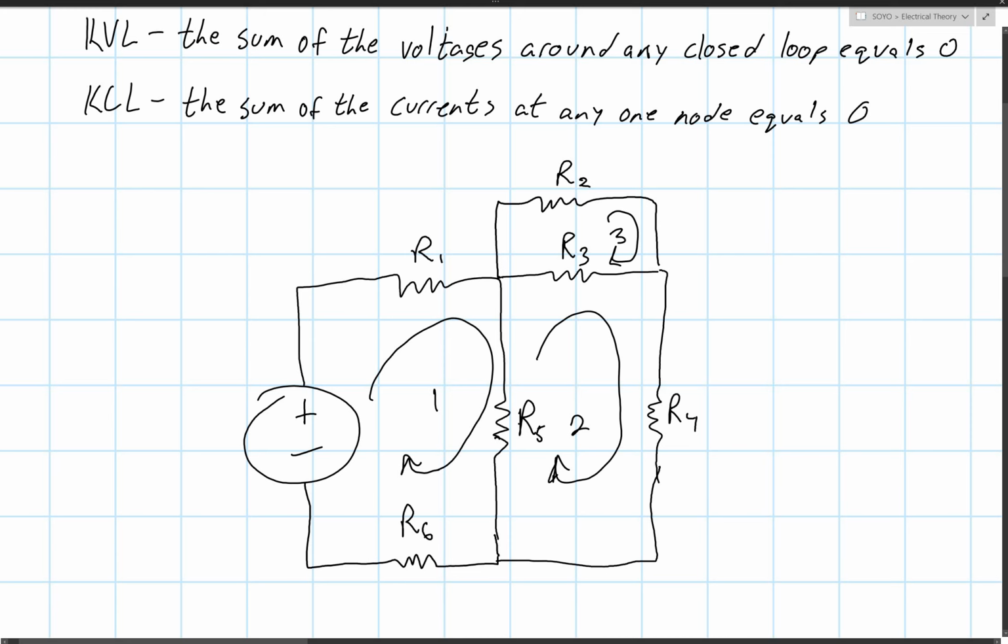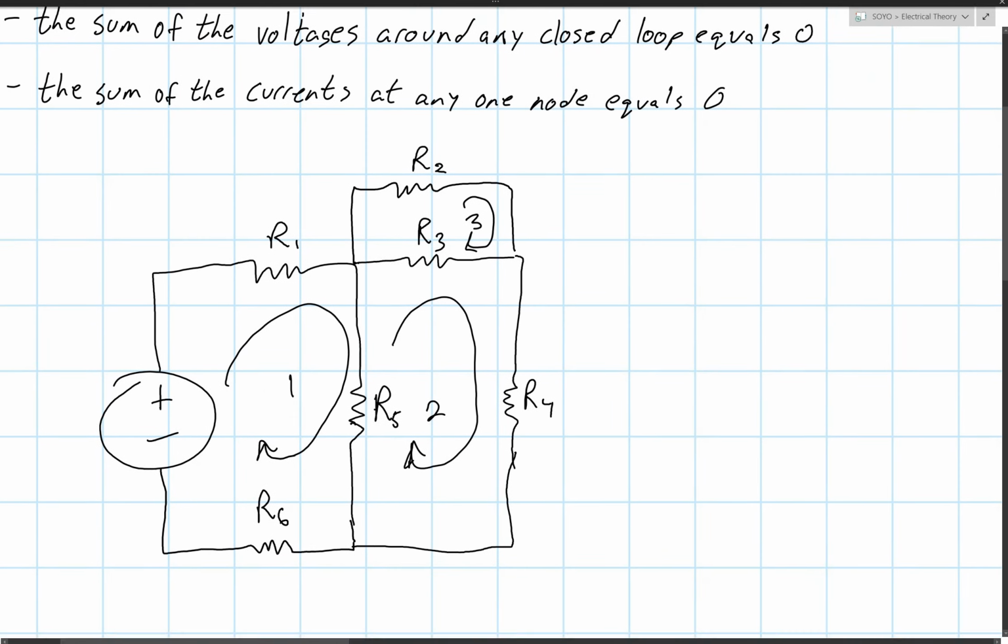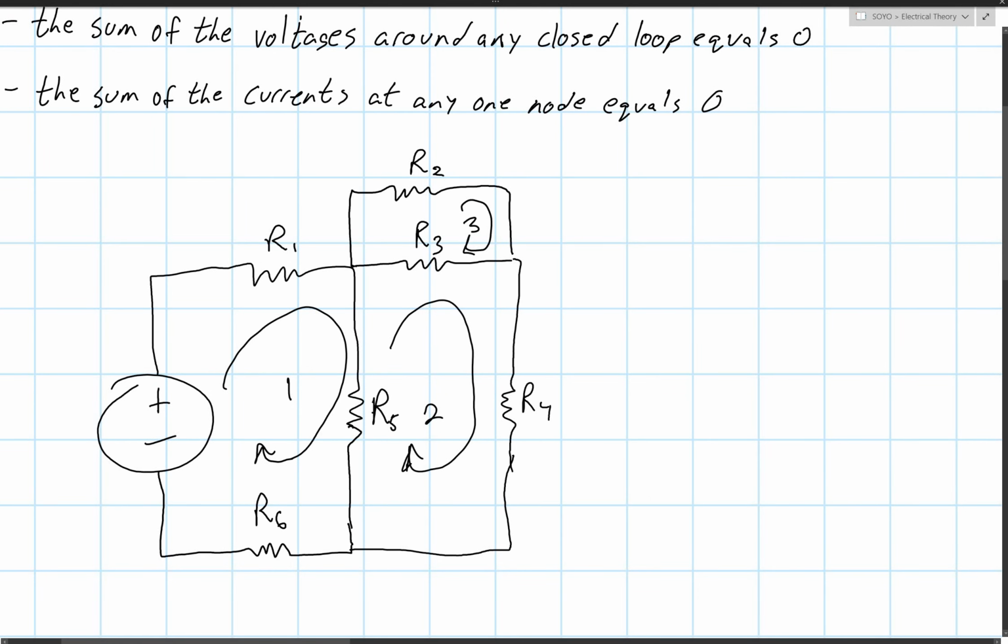What we can do, and this is something that I will discuss in a later video, is simplify this circuit real quick, just because there's a point that I'd like to illustrate, and I can't do that with the current configuration.